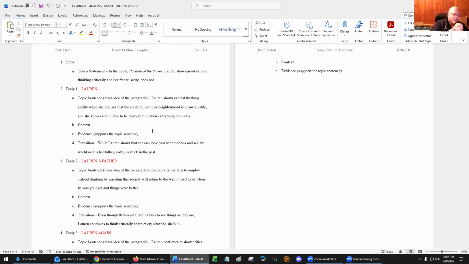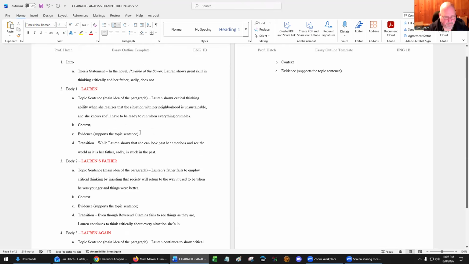So, there are so many different scenes where Lauren knows she needs to be ready to move the second things go bad. I can't remember what page or chapter this is, but let's just pretend the quote is her talking about putting together her bag of money and a gun and some clothes.